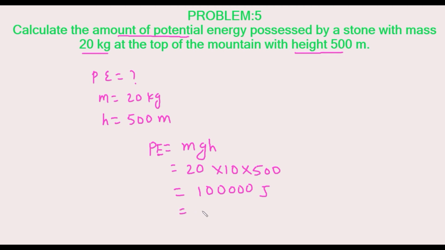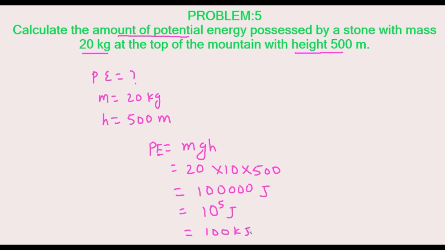We can also write it as 10 to the power 5 joule. Or if we have to convert into kilojoule, we can write 100 kilojoule, just by dividing with 1000.